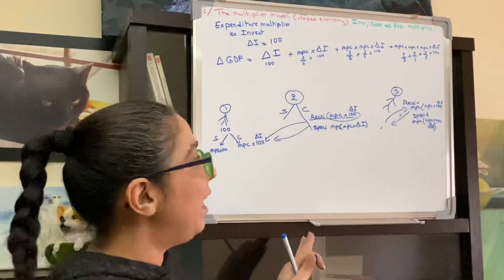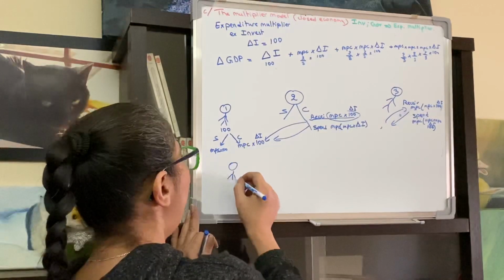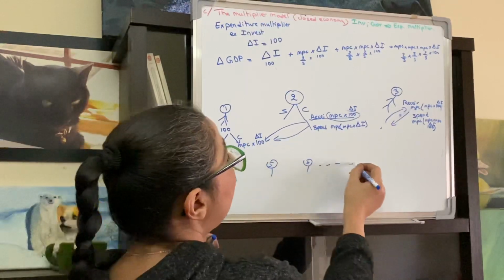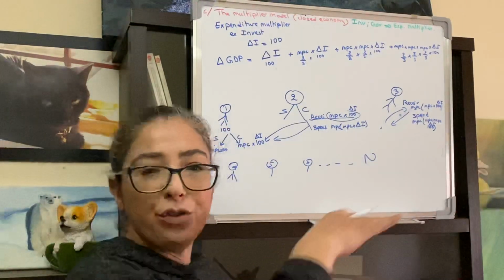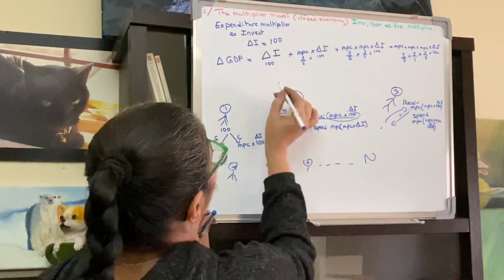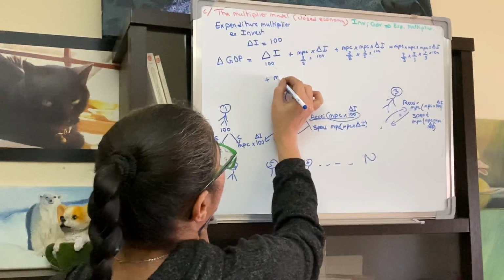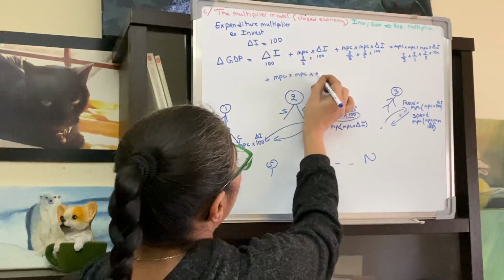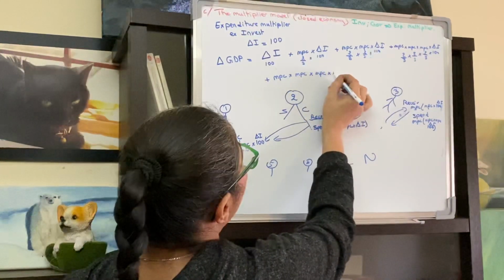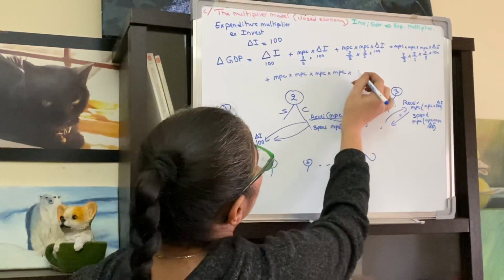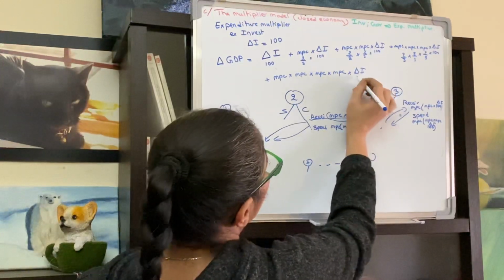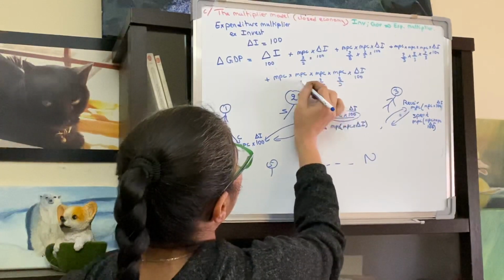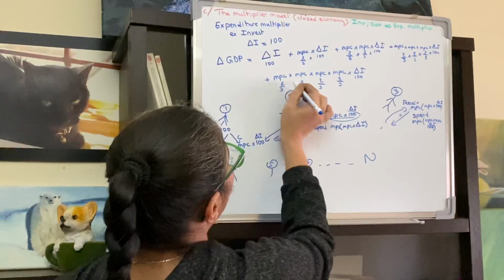Did you get the idea? Then again, it's going to move to 4, then move to 5, then move to 6, then move to n people. It turns. So I'm going to write the last one. I'm going to write MPC times MPC times MPC times MPC times delta I, which is $100, 2 over 3, 2 over 3, 2 over 3, 2 over 3, multiplied.